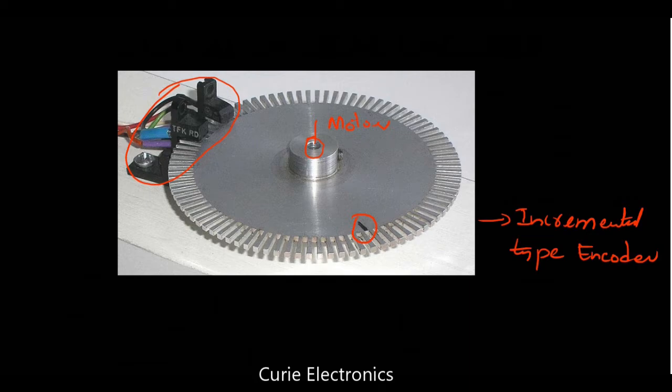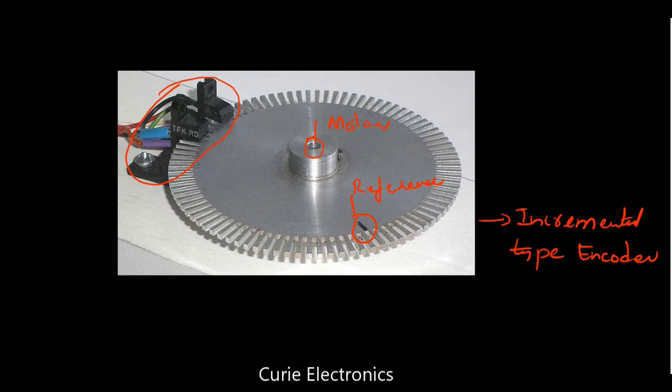This is the reference position. So in the incremental type of encoder, we have a reference position. Based on that reference position, we will come to know what is the exact position of this rotating wheel or shaft wheel.